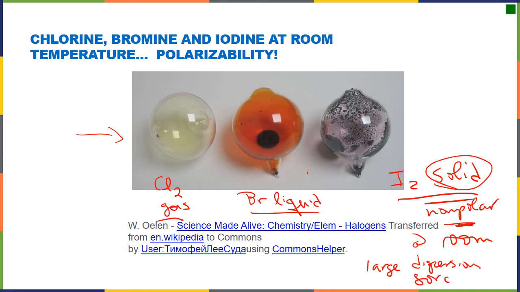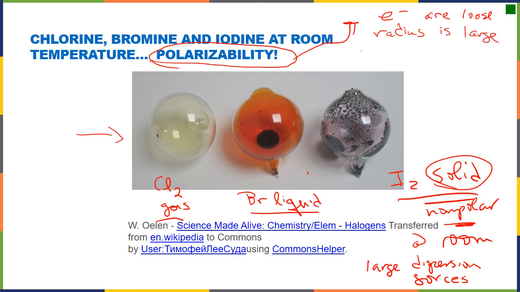Now, why does it have large dispersion forces? It has large dispersion forces because it has a large polarizability. What does polarizability mean? Polarizability means that the electrons are loose. They're free to move. And they are loose because the radius of the atom or the molecule is large. The electrons are a long way from the nucleus.